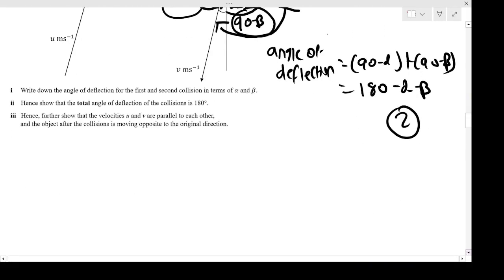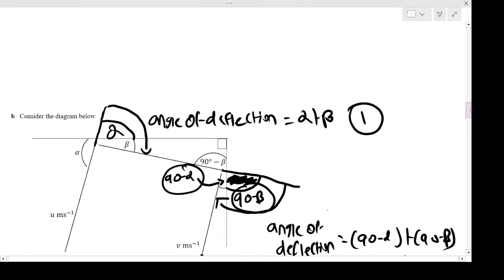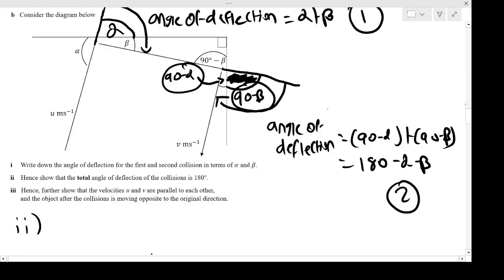Then it says in the second part, hence show that the total angle deflection is 180. So to find the total angle deflection, I kind of alluded to this in one of the previous questions. When you've got multiple collisions, we just add all the individual angle deflections together.